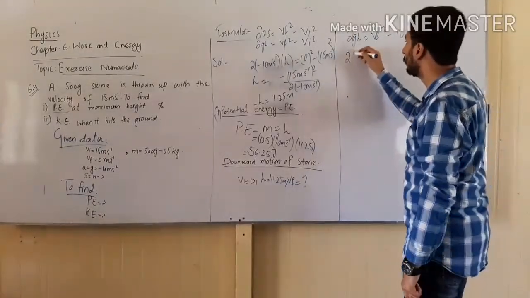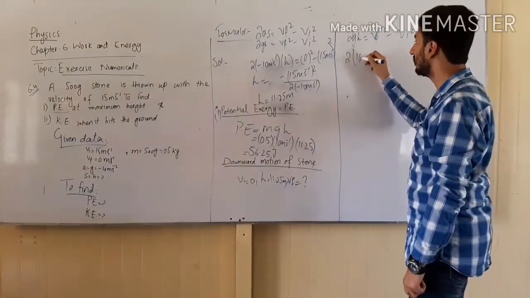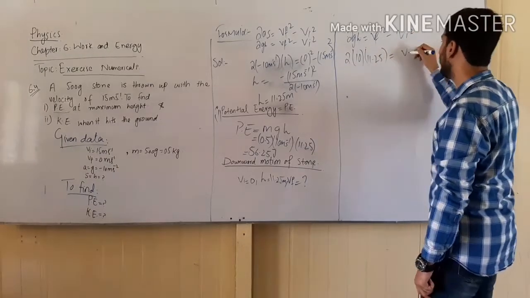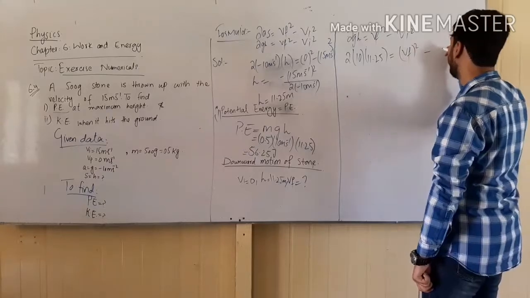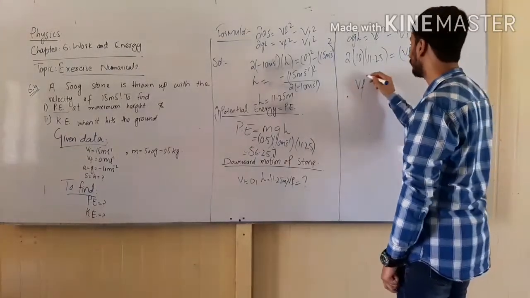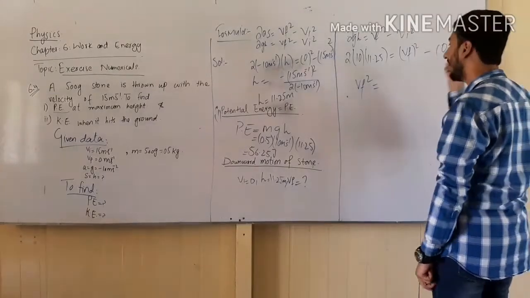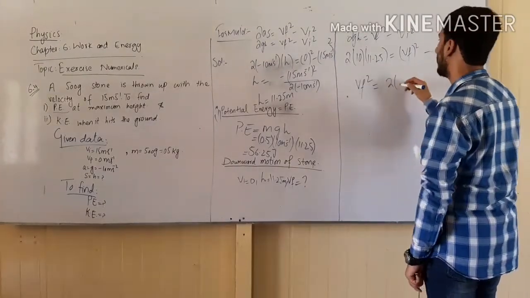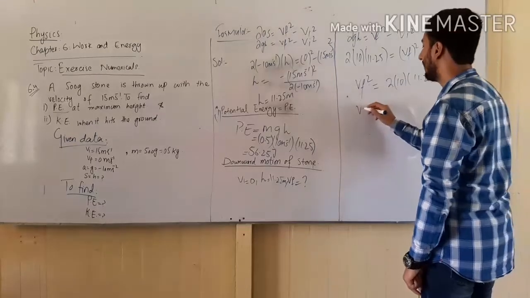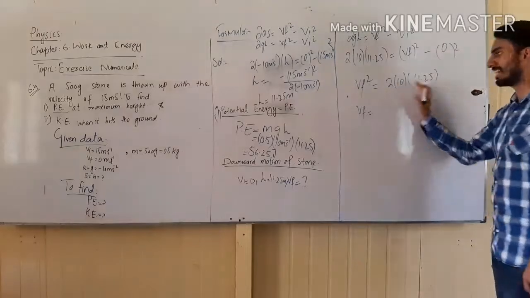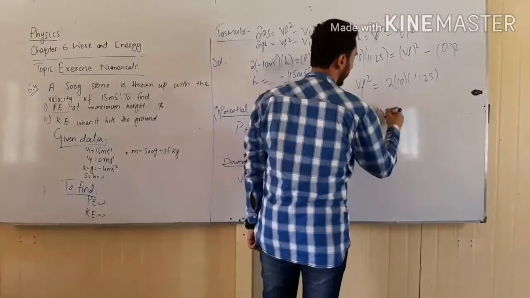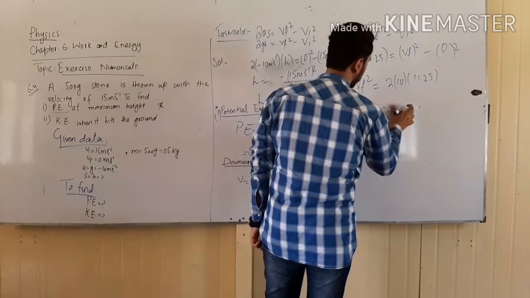So again, the value of g is 10, height 11.25, Vf I have to find, and Vi is 0. So after rearranging these values, I have 2 multiplied by 10 multiplied by 11.25. So the value of Vf after multiplying and after taking square root, the value of Vf is 15 meter per second.